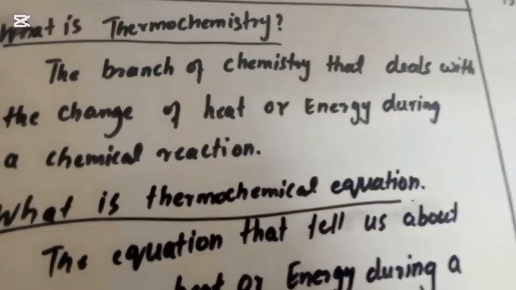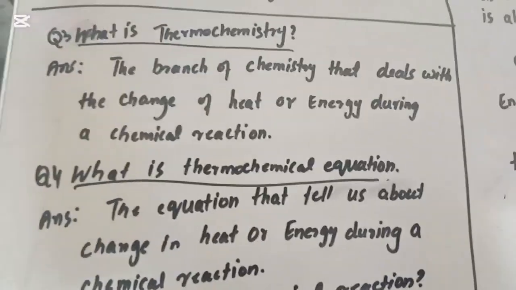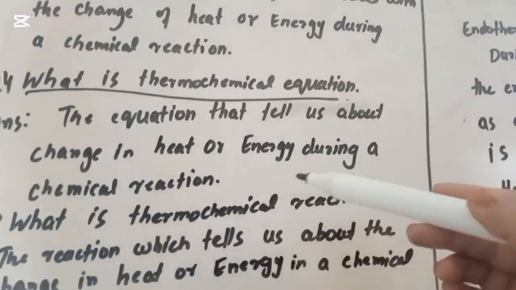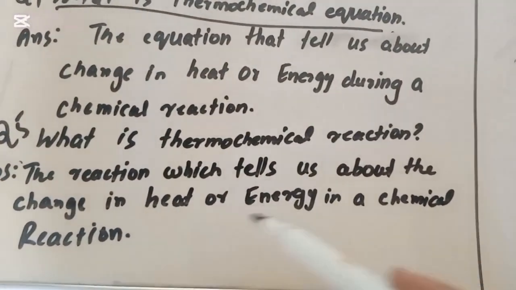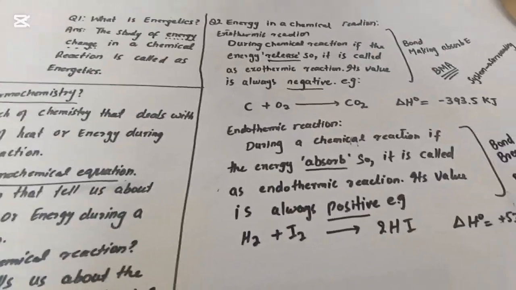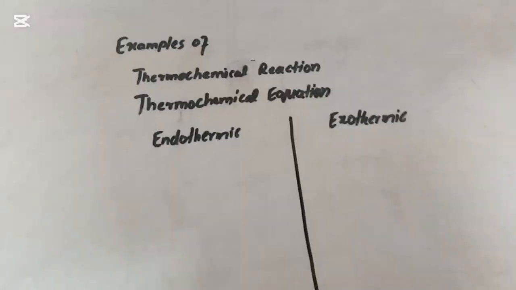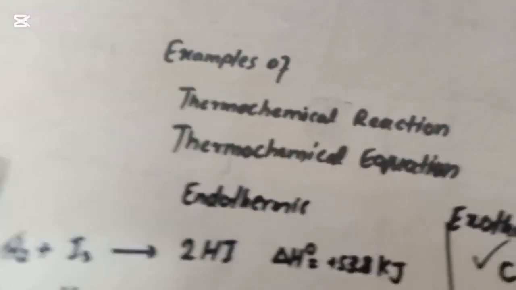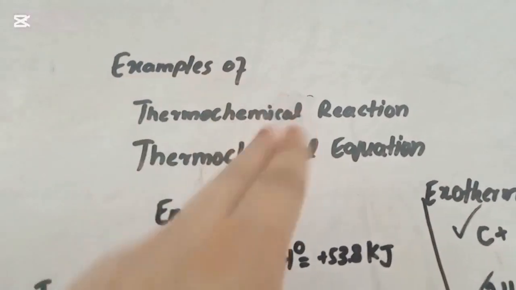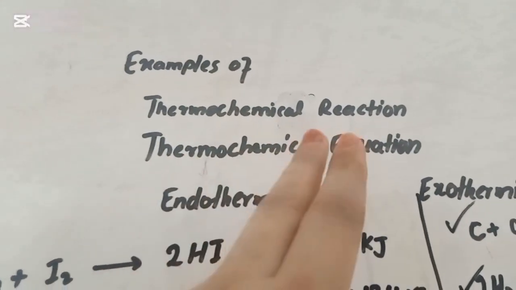Thermochemistry is the branch of chemistry that deals with the change in heat or energy during a chemical reaction. A thermochemical equation is a form of equation that tells us these things, and a thermochemical reaction is a reaction. Equation or reaction, the same thing.